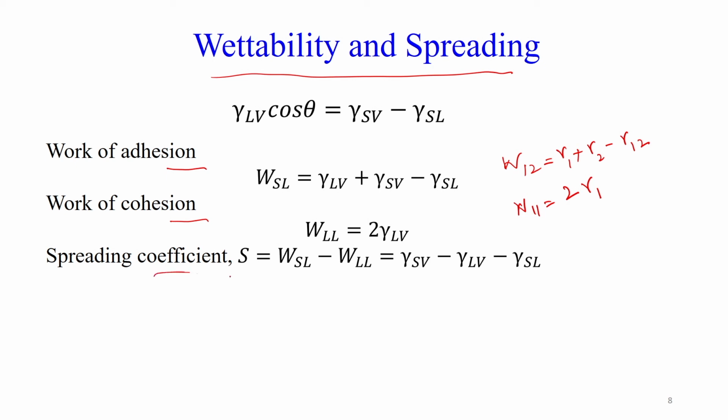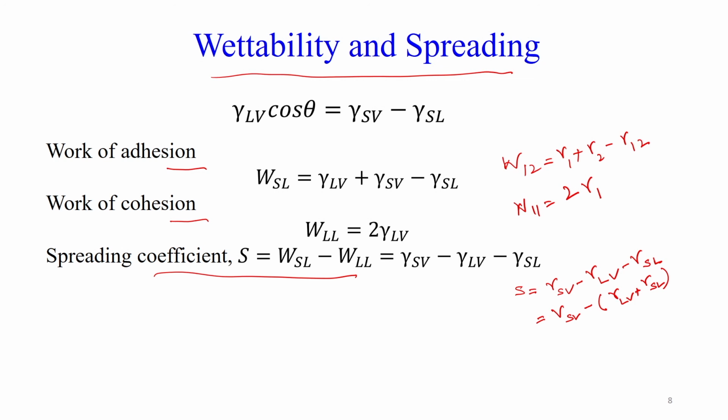So, simply the spreading coefficient is the difference between the work of adhesion and the work of cohesion, and if you subtract, gamma LV will be cancelled out from here. So, S is equal to gamma SV minus gamma LV minus gamma SL, or you can say gamma SV minus (gamma LV plus gamma SL).